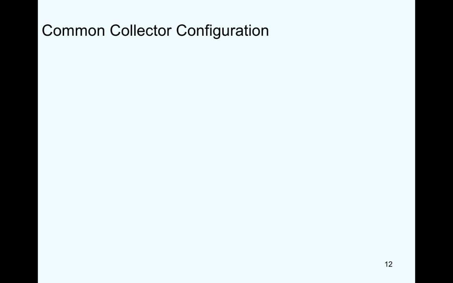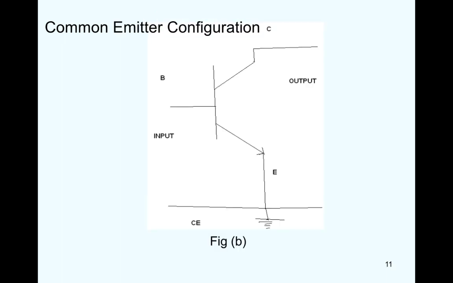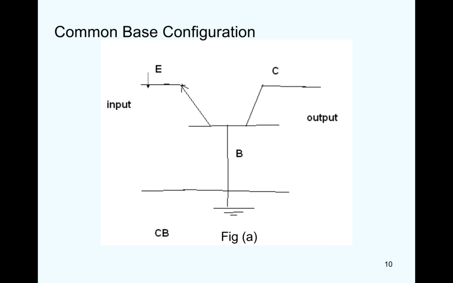Common collector configuration: here we take the collector as common for both input and output. So we connect the collector to ground, apply the input between base and collector, and observe the output between emitter and collector. So these are the common emitter and common collector configurations.